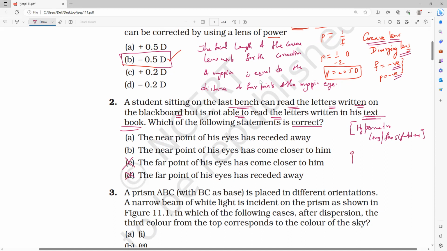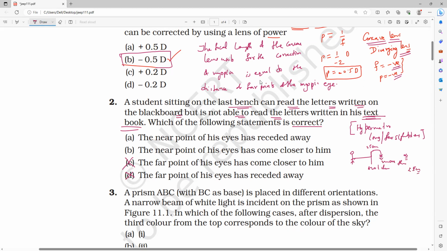If you take a person, what is the actual near point of a human eye? Everybody? 25. But he can see far objects clearly, while near objects are not clear. So his near point is shifted from 25 to more than 25.